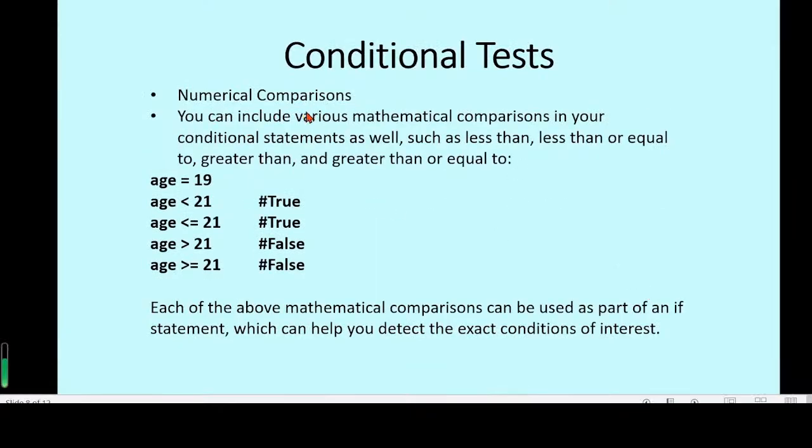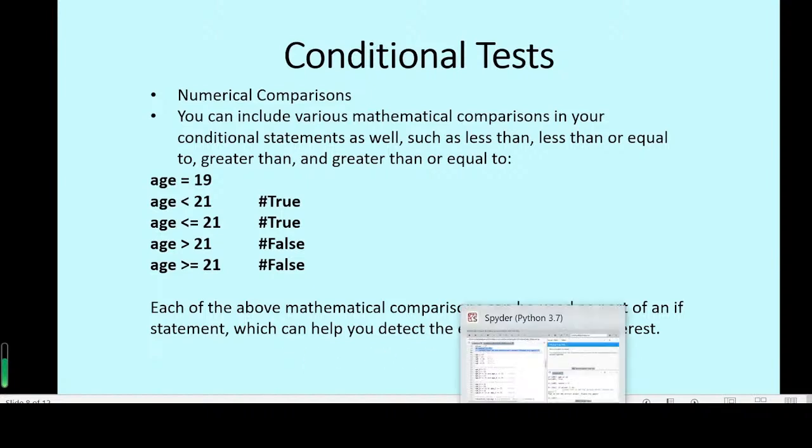And the numerical comparisons, you can include various mathematical comparisons in your conditional statement as well, such as less than, less than or equal to, greater than, and greater than or equal to. So age is 19, for example, we can run these tests. Each of the above mathematical comparisons can be used as part of an if statement, which can help you detect the exact conditions of interest.